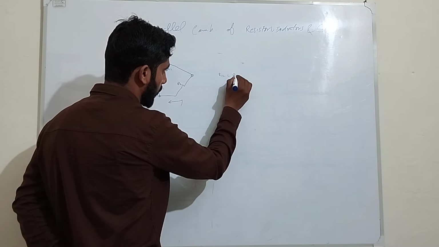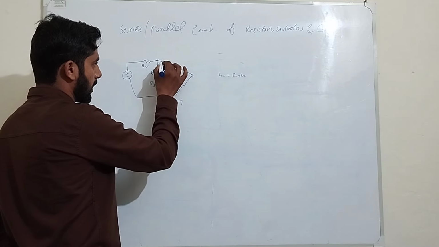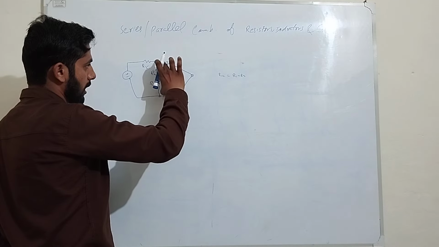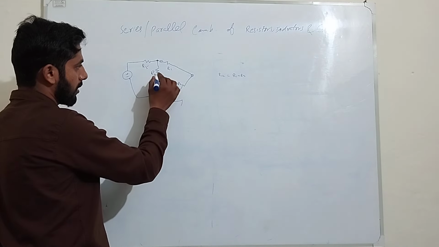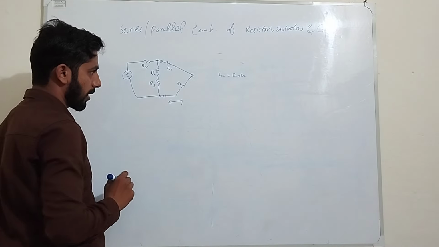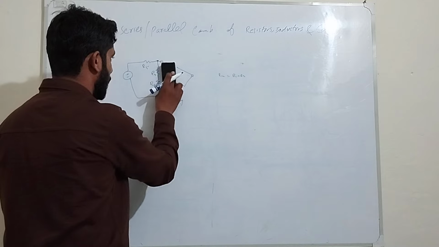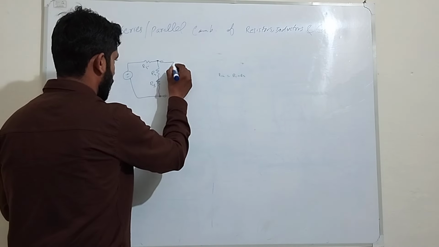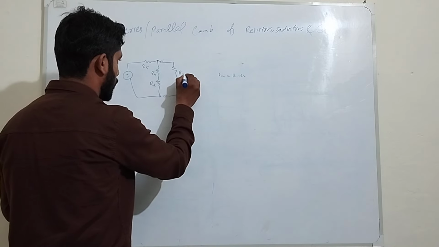R12 is equal to R1 plus R2. Their whole combination is making another resistor which starts here and ends here. So that resistor will be connected here. That will be in parallel with the series combination of R3 and R4. So how will I evaluate? Just remove that. Another resistor is connected here, this is R12.